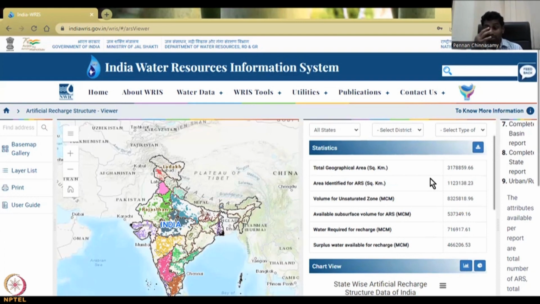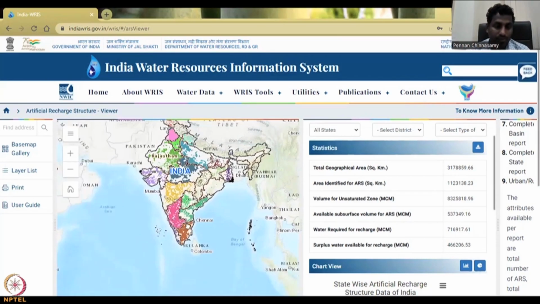So almost one third is okay for groundwater recharge structures. Then you can also estimate the volume for unsaturated zone, in million cubic meters. You could see that they have already captured water in a conceptual model and say that the unsaturated zone, which is your unconfined aquifer, can store a lot of volume of water, which can be used for your future demands.